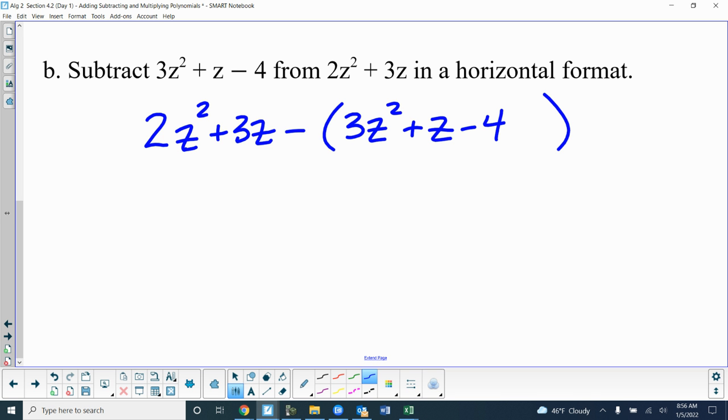So I remember to go 2z squared minus 3z squared, which is negative 1z squared, right? And then 3z minus z is 2z, all right? And then nothing minus a negative 4 is what?